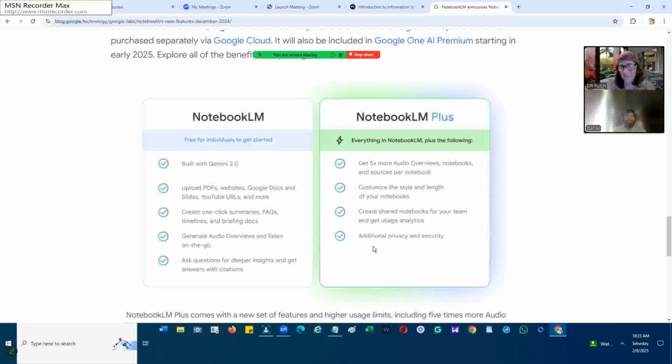So they've changed Notebook LM, and even this is good to know too. This may be a good link to have too. Notebook LM.